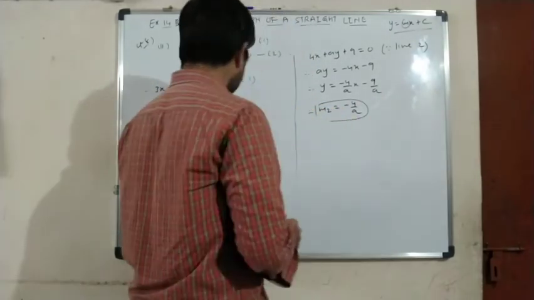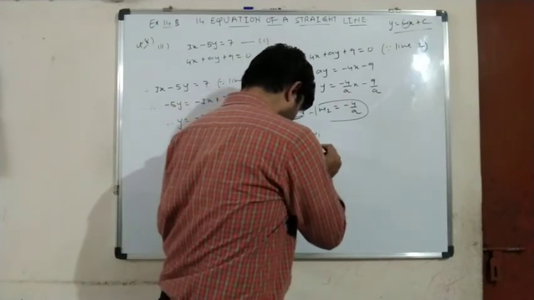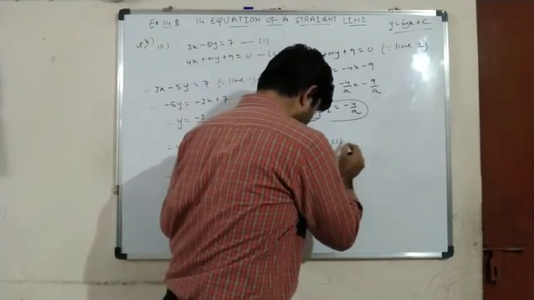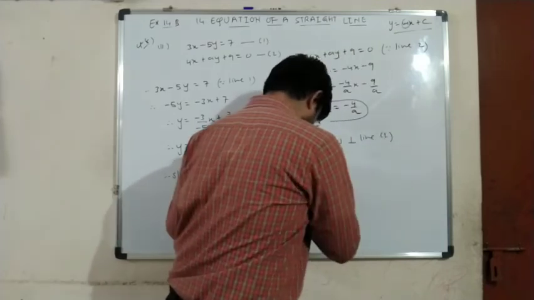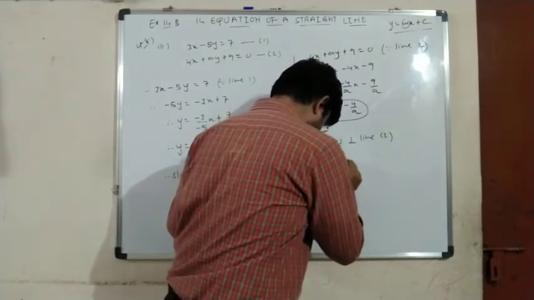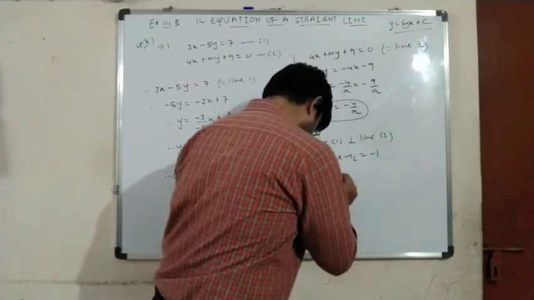Clear? Now it is given that line 1 is perpendicular to line 2, and therefore m1 into m2 is equal to minus 1.